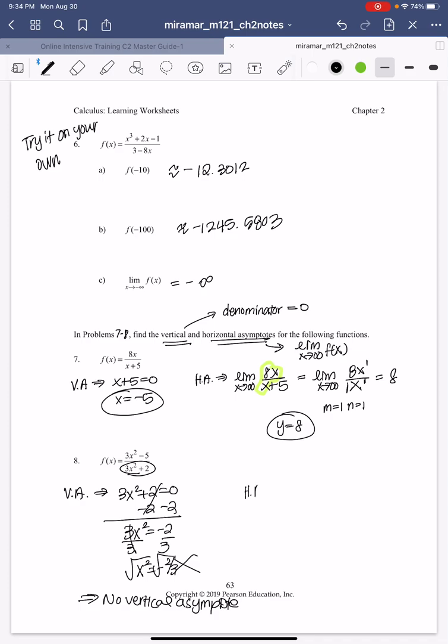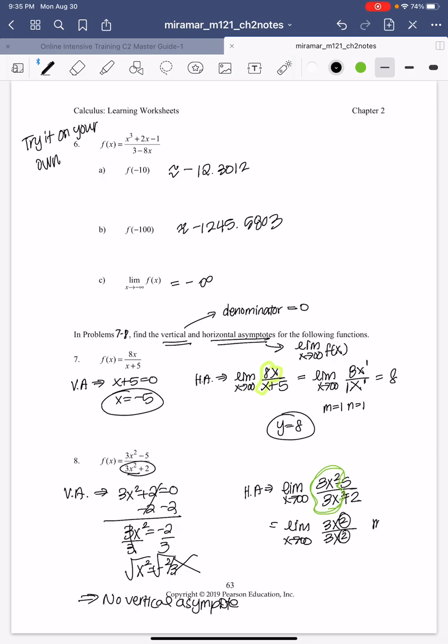So this means there are no vertical asymptotes. Horizontal asymptote is to find the limit at infinity of f of x, which is 3x squared minus 5 over 3x squared plus 2. We only care about the leading term. So it's simply looking at the limit as x approaches infinity of 3x squared over 3x squared.